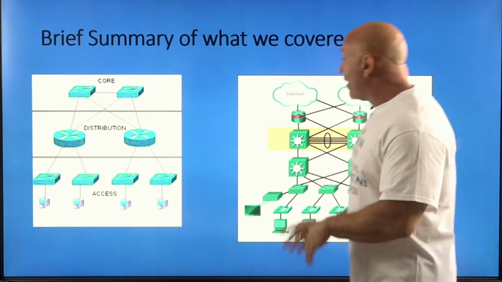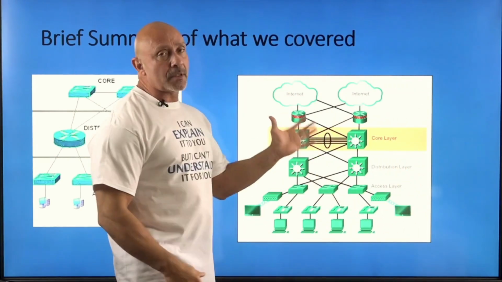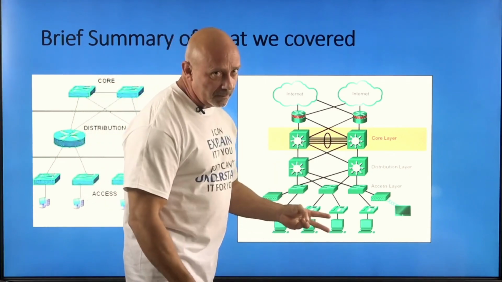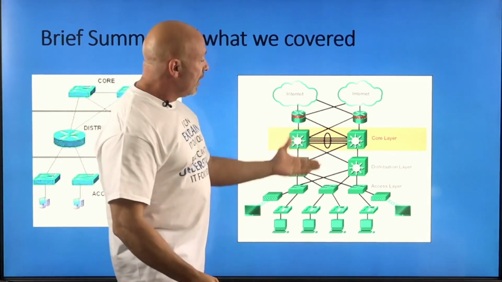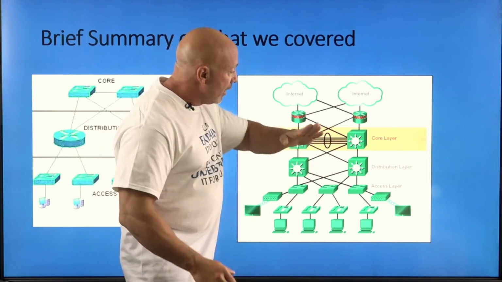That's about it. But now, as we talked about, we have the Cisco collapsed architecture. We went from a 3-layer model to a 2-layer model. That's it. So the core layer is still the core layer.